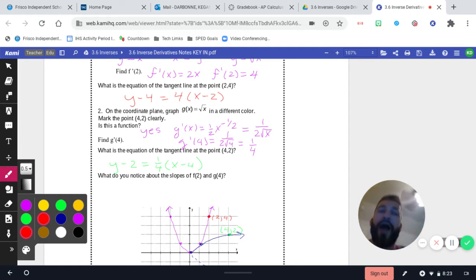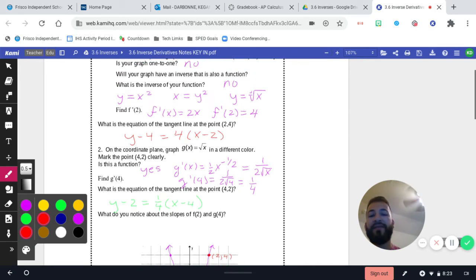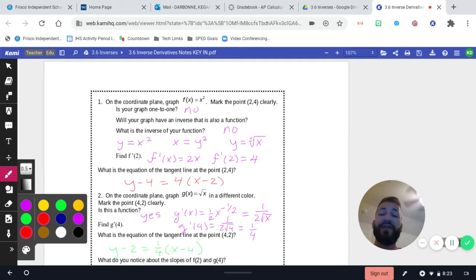Okay, now how this pertains to us in terms of calculus and in terms of slopes is sometimes I might want to find the derivative of the inverse function, but unlike these two functions, x squared and square root of x, where it's fairly easy to find that inverse function, it is not fairly easy to find the inverse function of, say, (x squared plus 3) over (x to the 4th minus 7), or the natural log of sine of 2x, something like that, where it's a much more complicated function to try and solve out and get y by itself after switching that x and y.